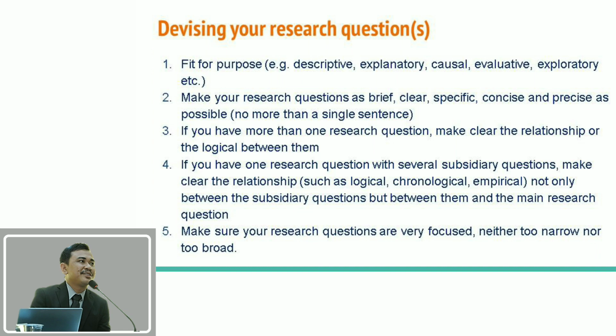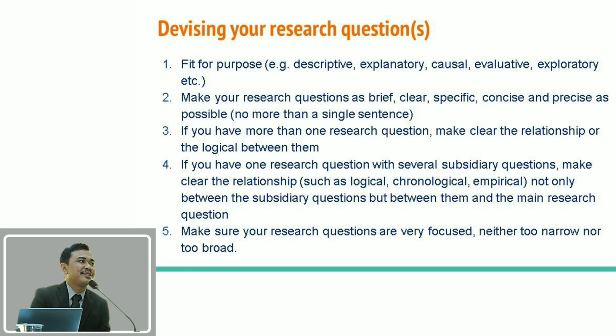And number four, if you have one research question with several subsidiary questions, it means one question with more than one component inside your research question. Again, you have to make the relationship clear. You have to be able to show, for example, the logical, the chronological or the empirical relationship, not only between the main question and the subsidiary questions, but also among the subsidiary questions.